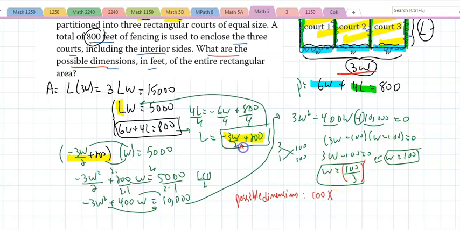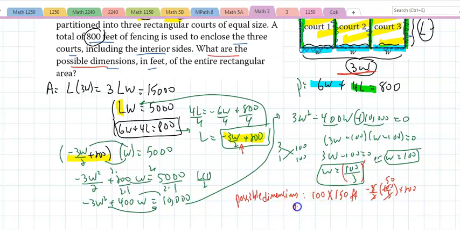The length is right there. I need to plug that in. I'll get negative 3 over 2 times 100 over 3 plus 200. Those cancel out, and this divides to 50. Negative 50 plus 200 will be 150 feet.